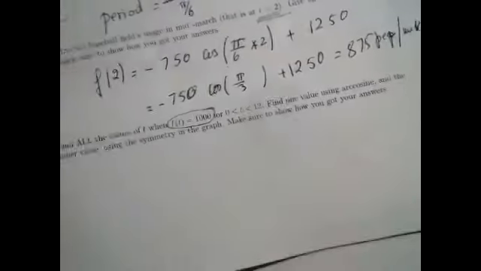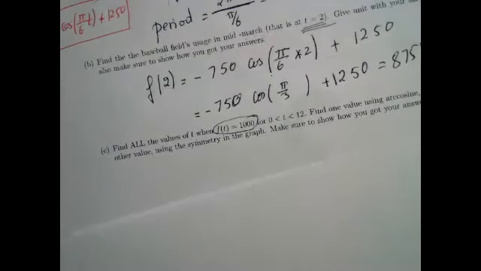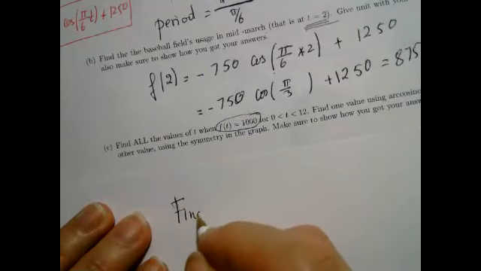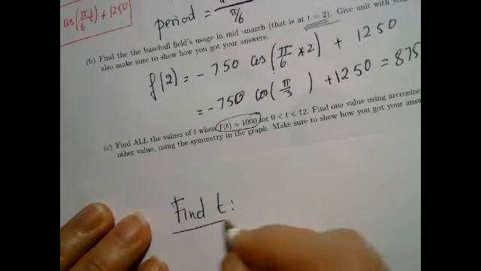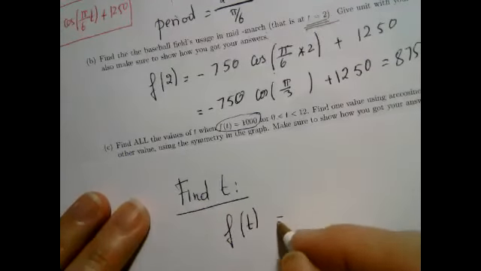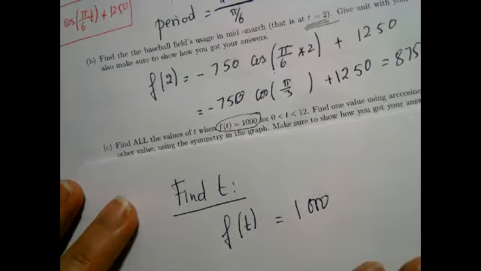So you're going to find t such that f of t equals 1000, and we're going to solve for t.